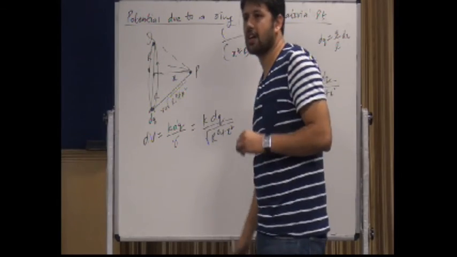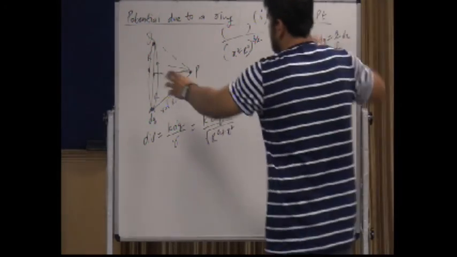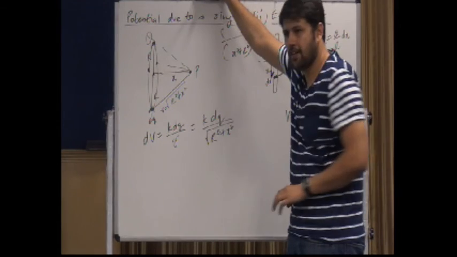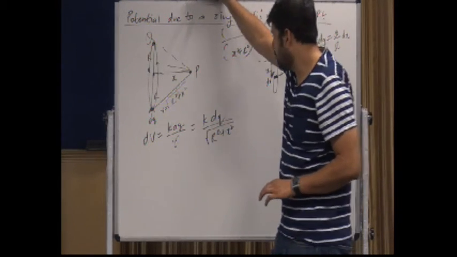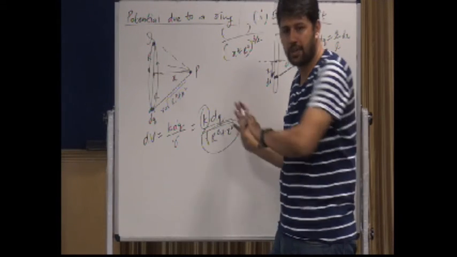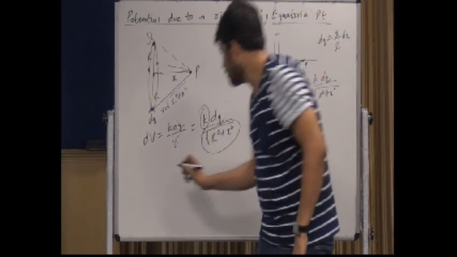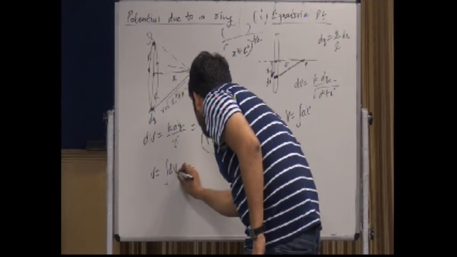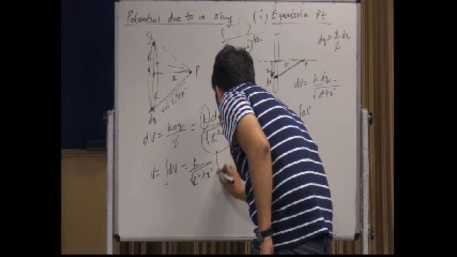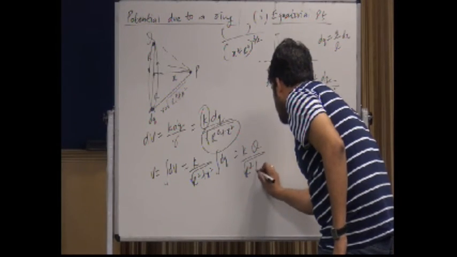Plus additionally, since all the points form same hypotenuse of same length with point P, this portion is constant, I can bring it out and I can integrate directly. Getting my point? Okay. So the potential would be what? Integral dV, or it is what? kq by under root r square plus x square.